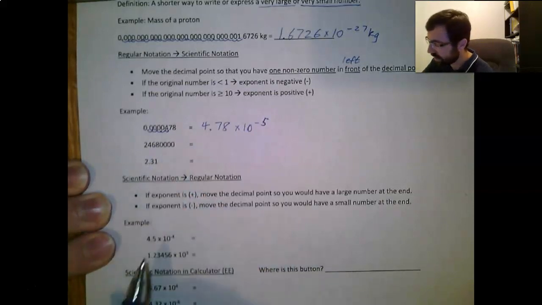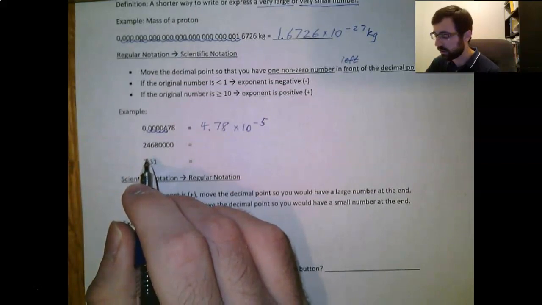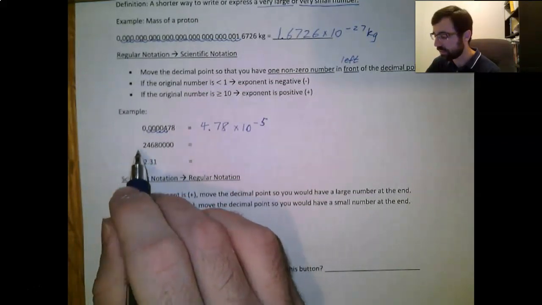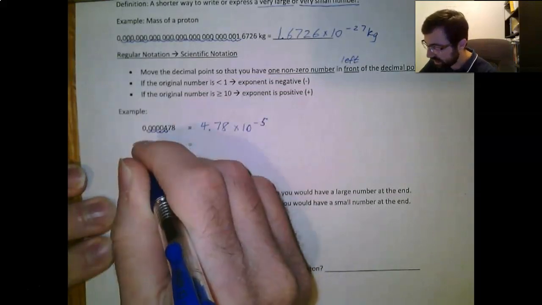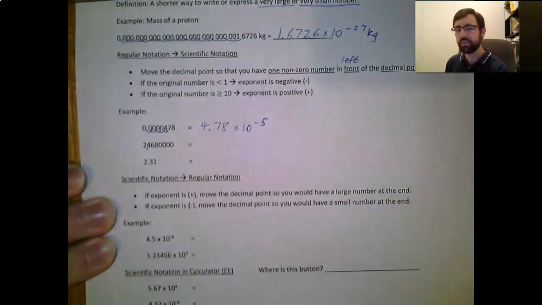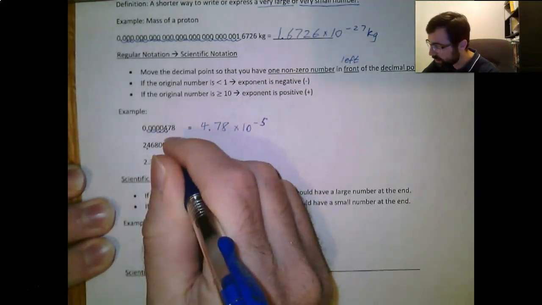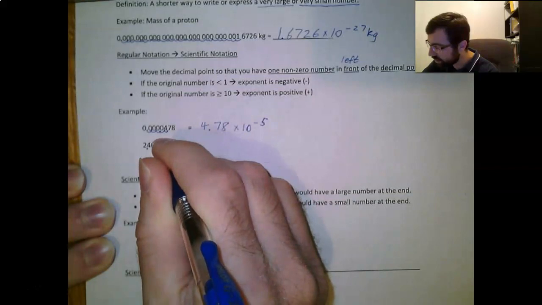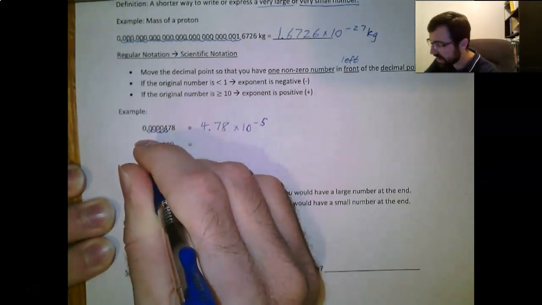So I want to move my decimal to where it's right after the first non-zero. The first non-zero, as you read a page, would be 2. So I want my decimal right here. Since I didn't show the decimal, I can assume the decimal's at the end of the number. I'm just going to move it back. 1, 2, 3, 4, 5, 6, 7 spaces.